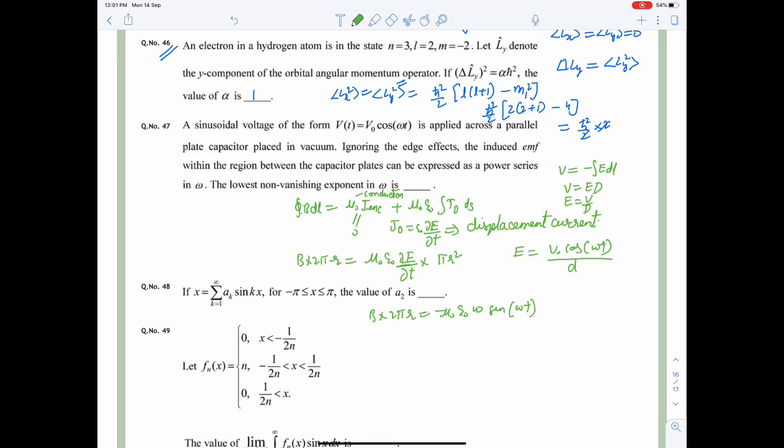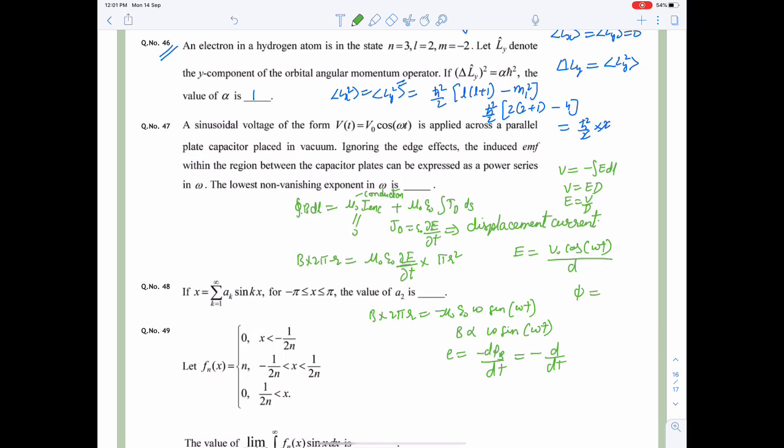Now to calculate the EMF, you know that B is proportional to omega sine omega t. So EMF is minus d phi by dt. How do you calculate the magnetic flux?